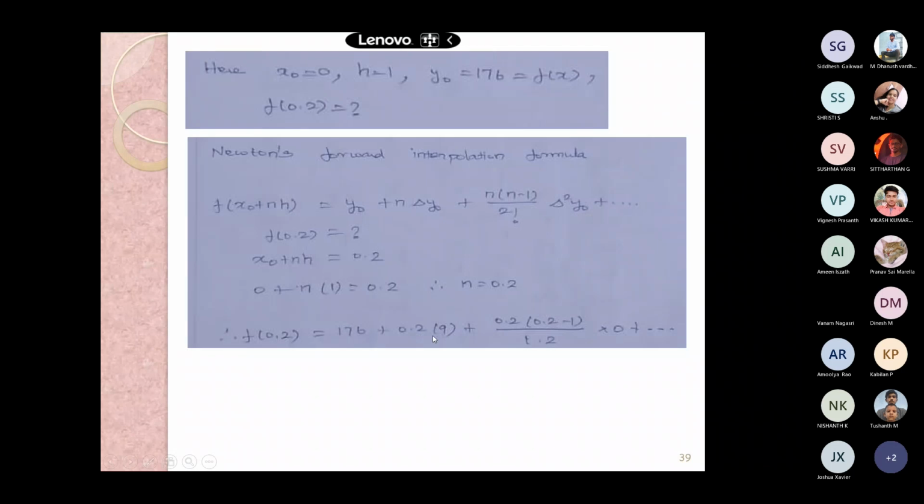176 plus 0.2 into 9, which is 1.8, and 0.2 into 0.2 minus 1 divided by 1 into 2. Make it fast. 0.2 into 9 is 1.8, and 0.2 into minus 0.8 divided by 2.